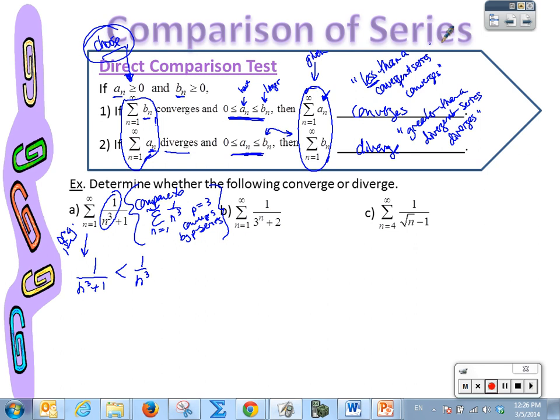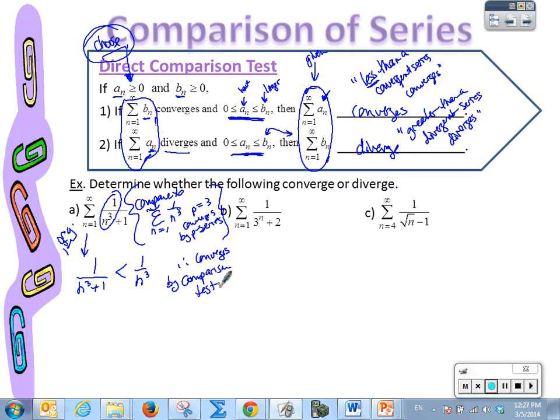Ours is less than a convergent series, so it converges. So we can say, therefore, it converges by the comparison test. We can just say comparison test instead of direct comparison test, because the other one we'll call the limit comparison test.